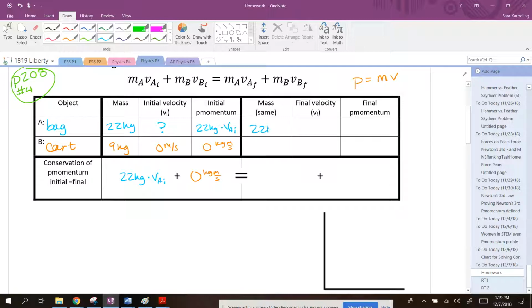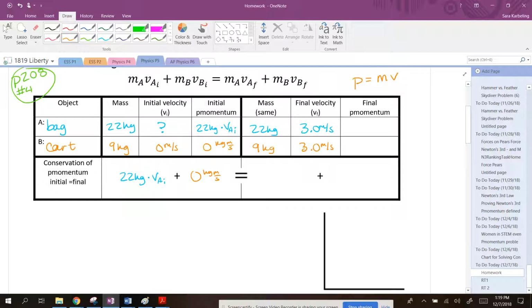You've got 22 kilograms for the bag and 9 kilograms for the cart. What is the final velocity for the bag? Three meters per second, excuse me, no squared on that one. What's the final velocity for the cart? 3 meters per second, right?